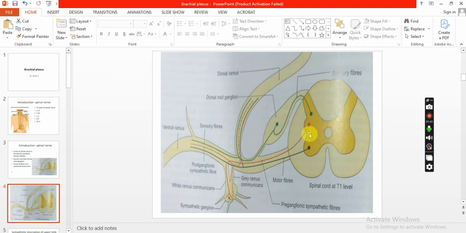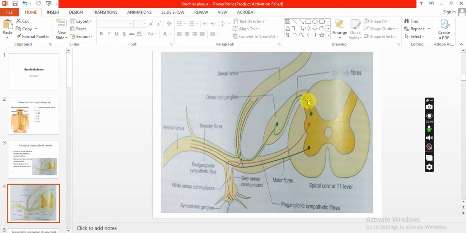You can see this grey matter has a ventral horn and a dorsal horn. The ventral horn is the area where the motor nuclei are located. What do you mean by nucleus? A collection of neuronal cell bodies within the brain or spinal cord is called a nucleus, whereas a collection of neuronal cell bodies outside the brain or spinal cord is called a ganglion, plural ganglia.